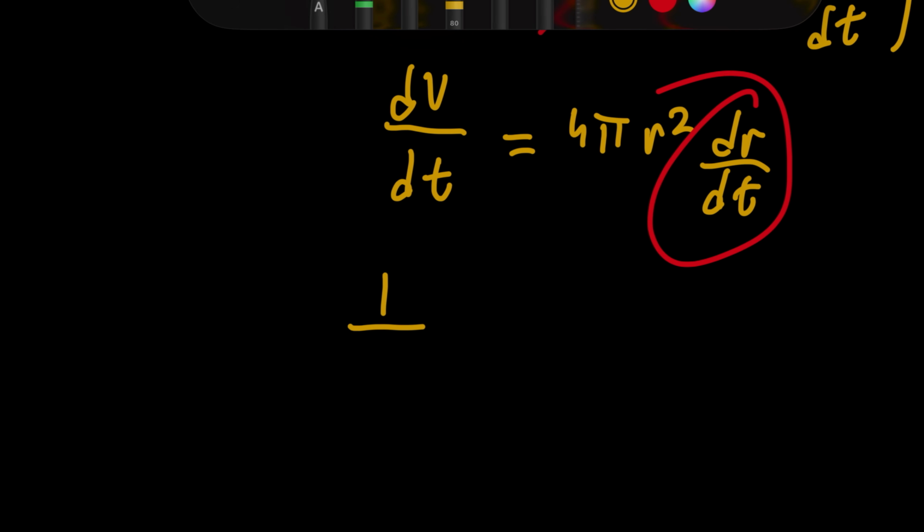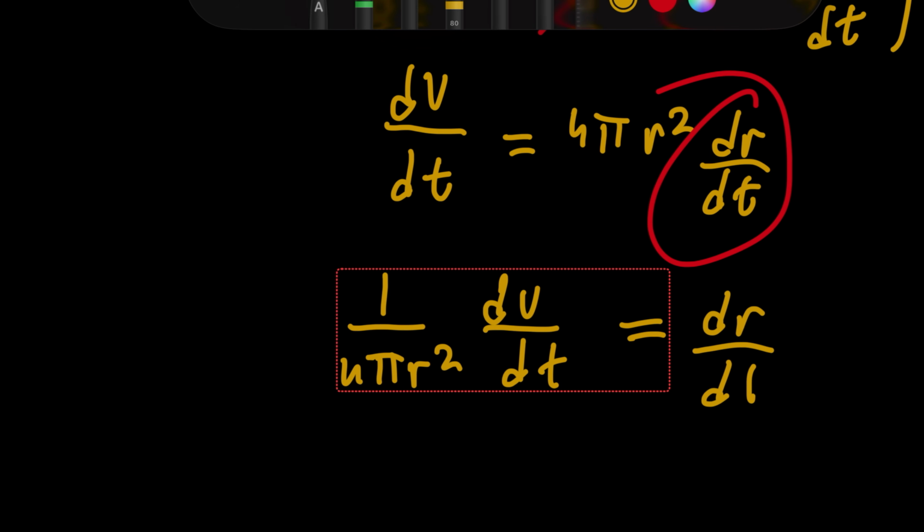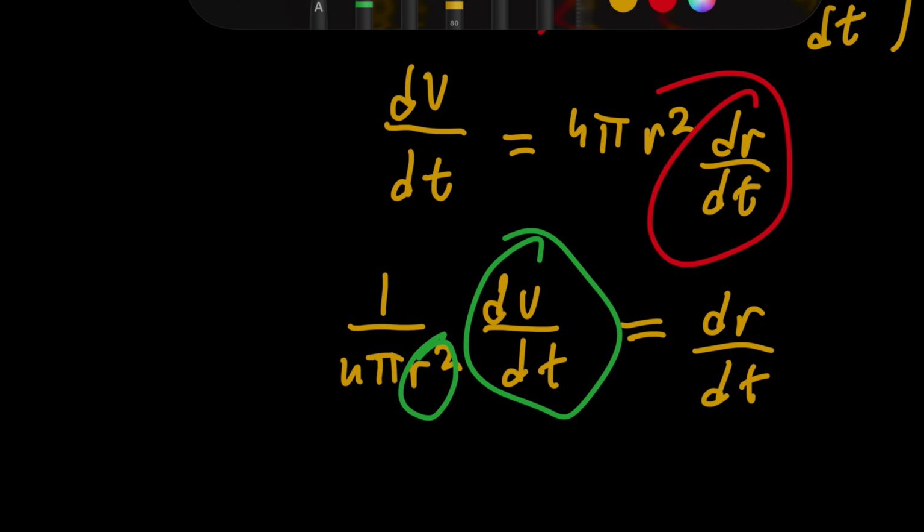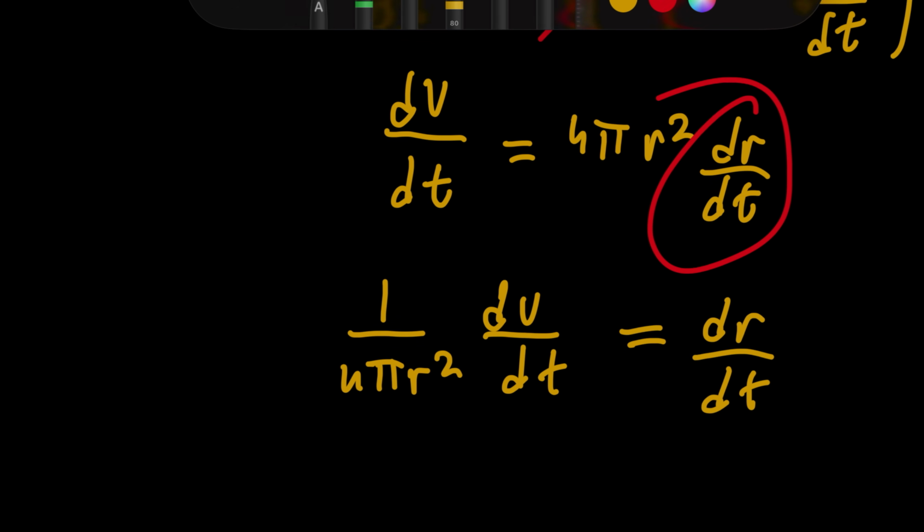So we get 1 over 4 pi r squared dv over dt is equal to dr over dt. Now this is basically it. Now all we have to do is just plug in our variables that were given to us, right? If we look at this, we have one given, which is the dv over dt, and another given, which is the r. So we can plug these in.